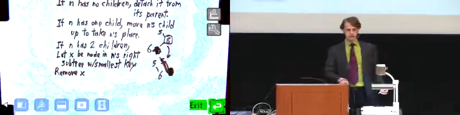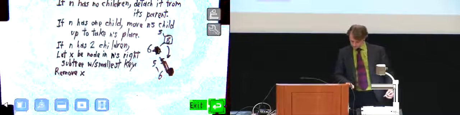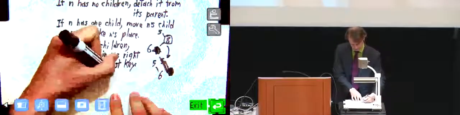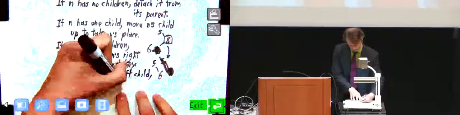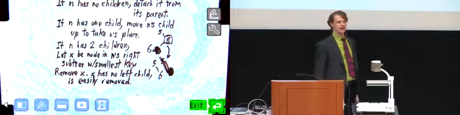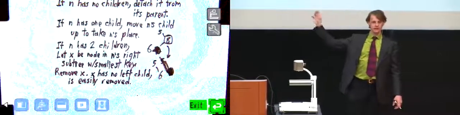So it's easy to remove something that has at most one child. And once you've removed that, we're going to take the key that was in that node, and move it up and use it to replace the key that we're trying to get rid of.